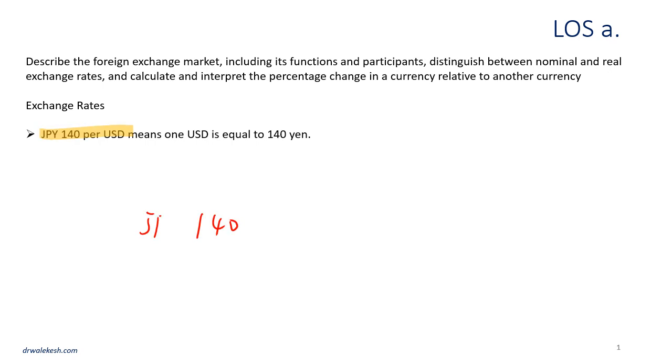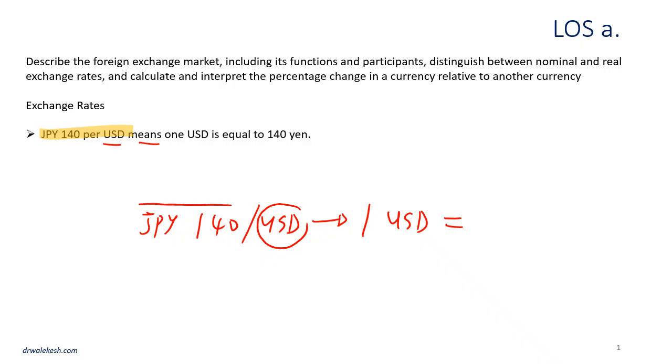140 Japanese yen per US dollar means that 1 unit of US dollar, since this is per US dollar, will be equal to 140 units of Japanese yen.